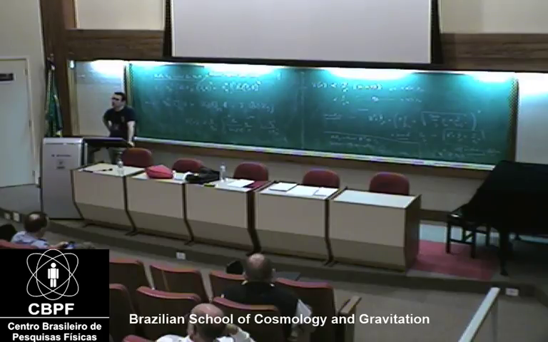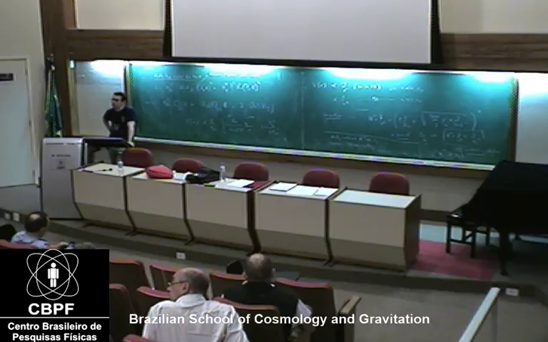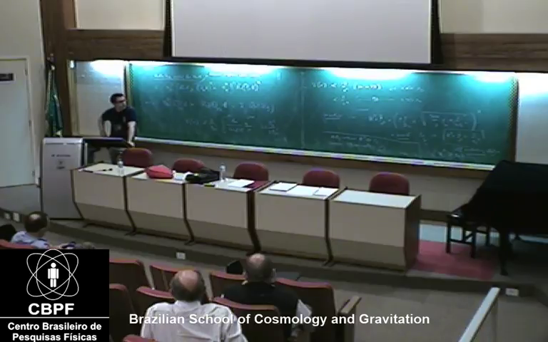I don't know if I got this right, but you completely lose the interpretation of geometry. Not completely, because first of all, I have not introduced yet the theory of a single massive graviton. I just introduced some motivation.